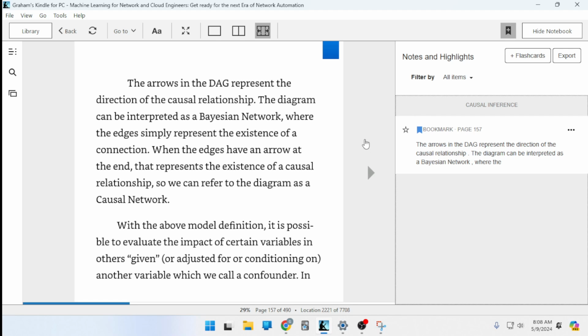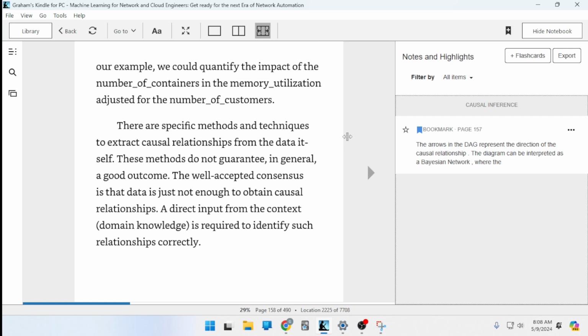With the above model definition, it is possible to evaluate the impact of certain variables on others given, or adjusted for, or conditioning on another variable, which we call a confounder. In our example, we could quantify the impact of the number of containers on the memory utilization adjusted for the number of customers.